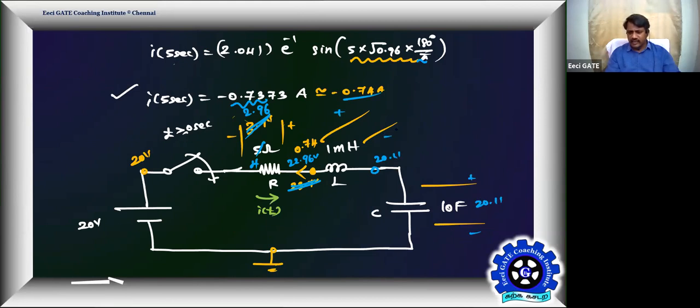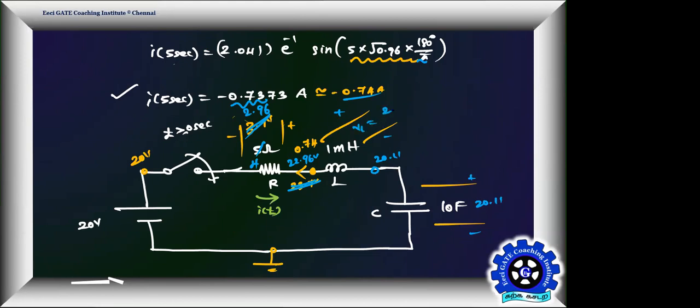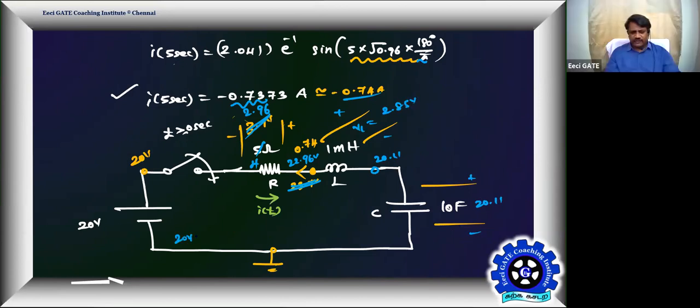Yes, voltage across inductor, please. 22.96 minus 20.11 will be the voltage across the inductor, 2.85 volt. Now verify the supply voltage. Vin 20 volt is equal to the voltage across the resistor, minus 2.96, taking this as plus and minus, that's your VR as per the circuit analysis, plus the voltage across the inductor, positive, that is 2.85, plus the voltage across your capacitor, 20.11. Hope it is balanced. Yes, sir.